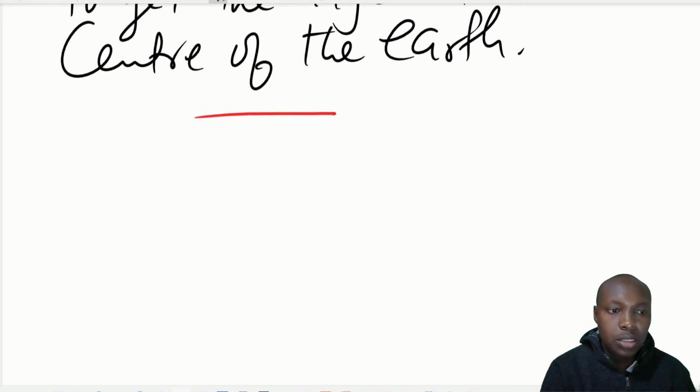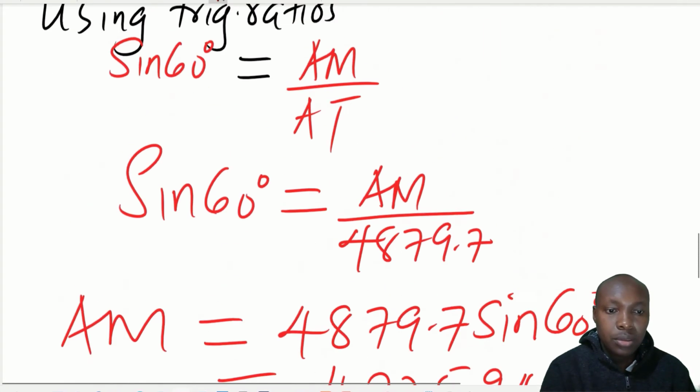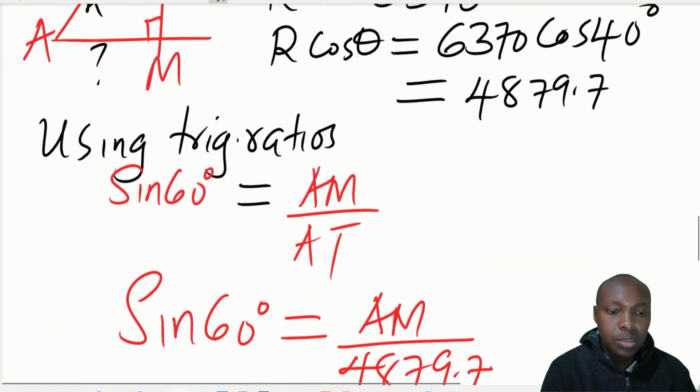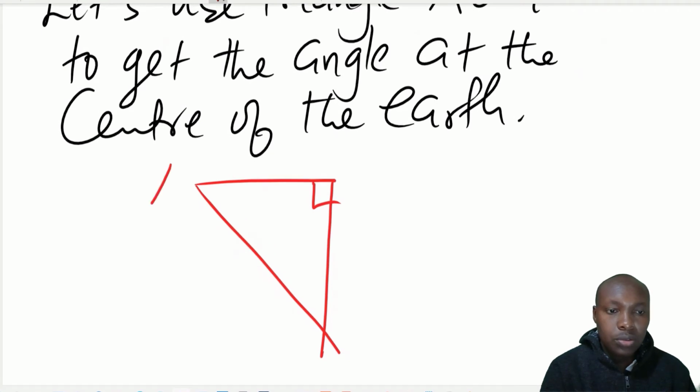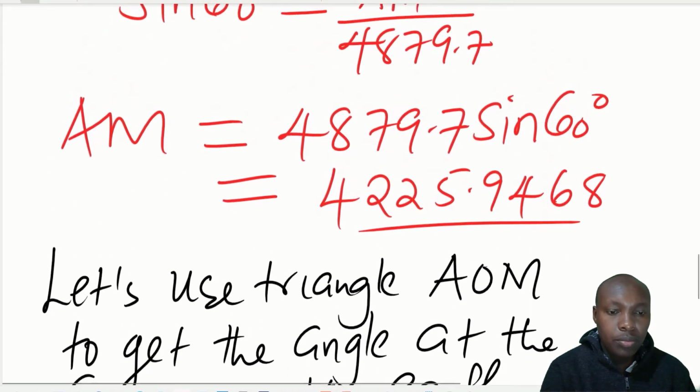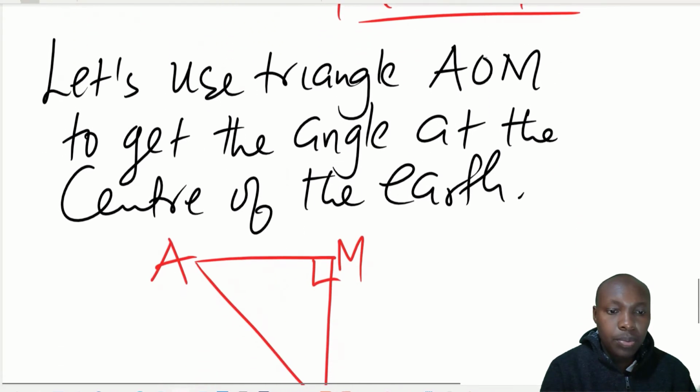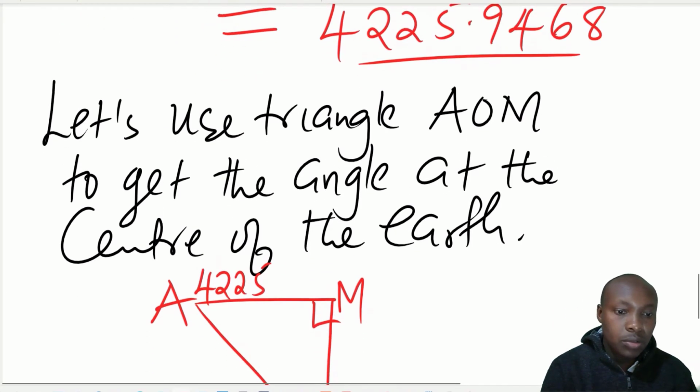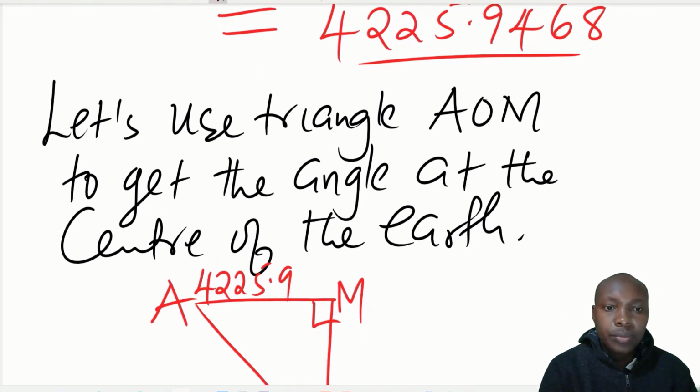That is where the right angle is at A, that is M, and this one is O. So now we have the distance AM. We can put the length of AM there. And then that is the angle.